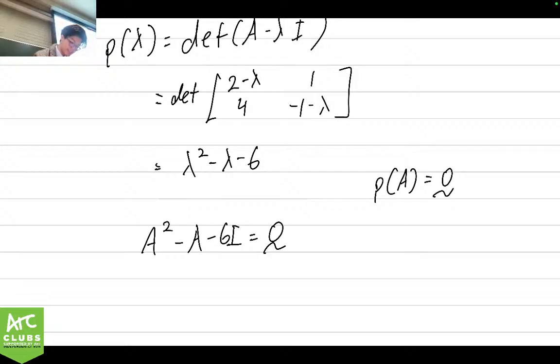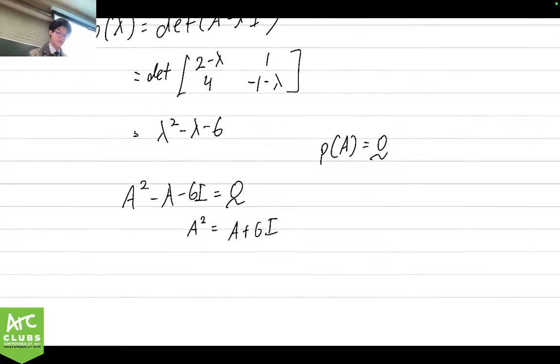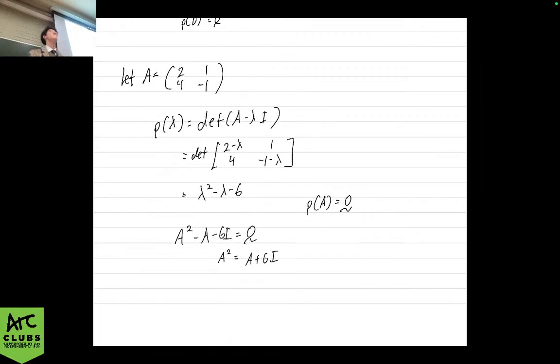And so this satisfies A squared equals A plus 6I. This is simply because p of A equals the zero matrix. Any questions about that?